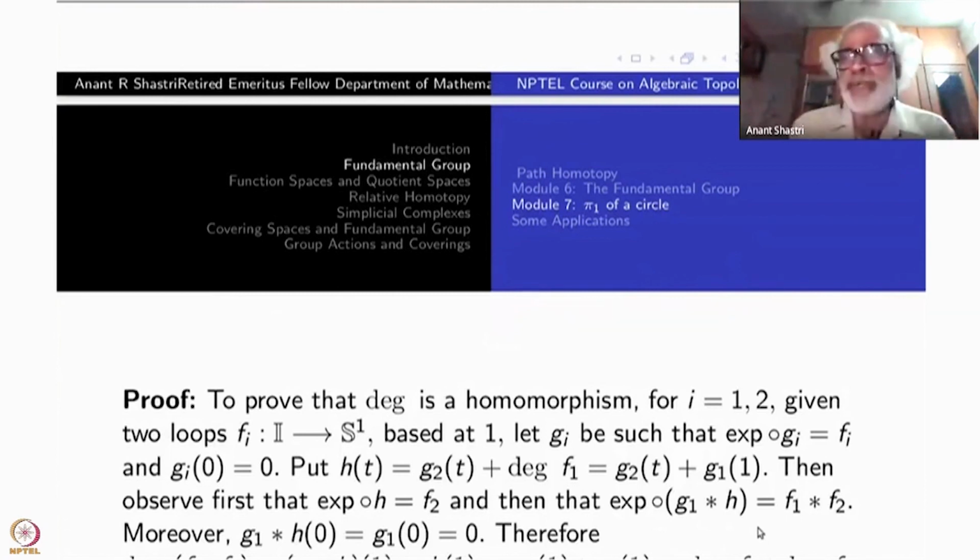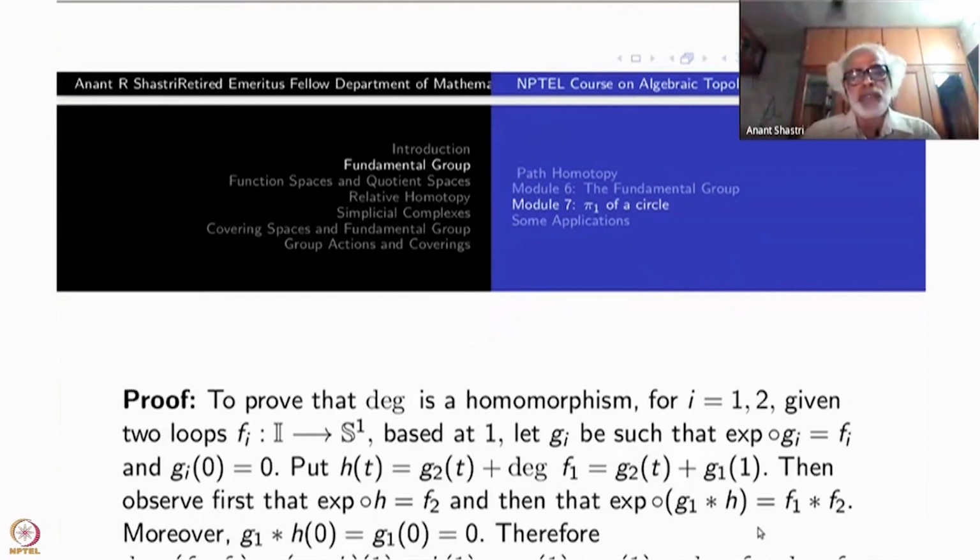Instead of taking a lift of F1 star F2 arbitrarily, I have here constructed the lift of F1 star F2 using the lifts of F1 and F2. All that I have to verify is its starting point is 0.